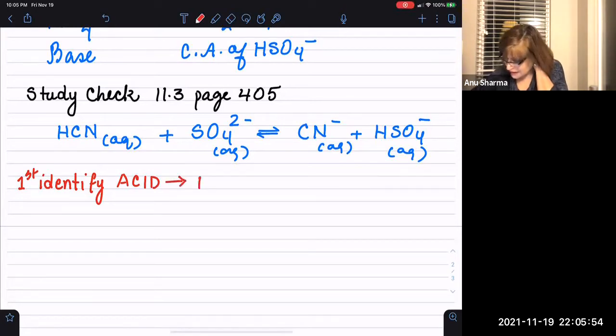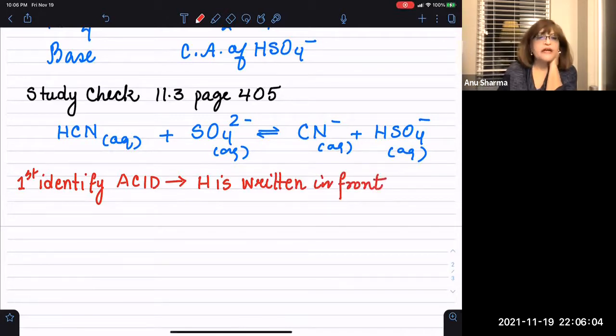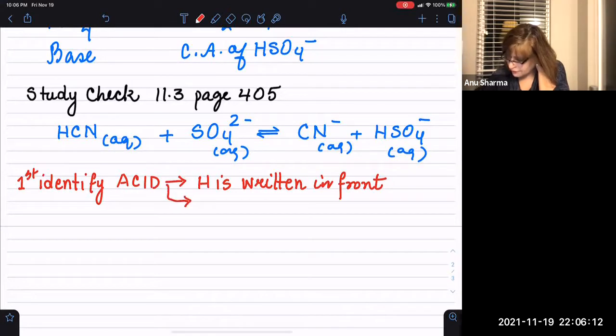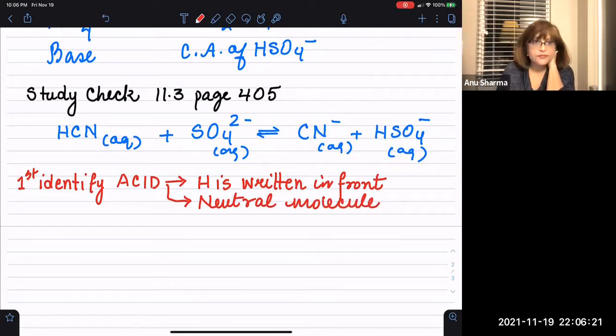The acid is where hydrogen is written in front. Either it is going to be an acid or it will be a conjugate acid. Generally, acids would be neutral molecules. Then everything else falls in place.